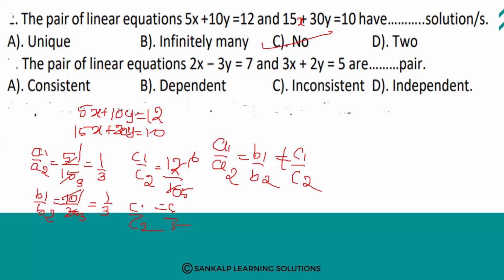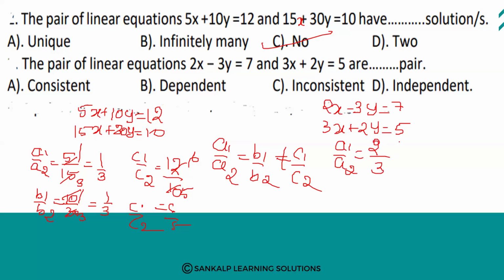Now the pair of equations 2x minus 3y is equal to 7 and 3x plus 2y is equal to 5. Which type of pair is it, whether consistent or inconsistent, dependent or independent? Here also we'll check the ratios. A1 divided by A2 is 2 divided by 3.